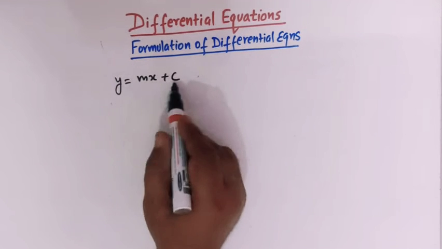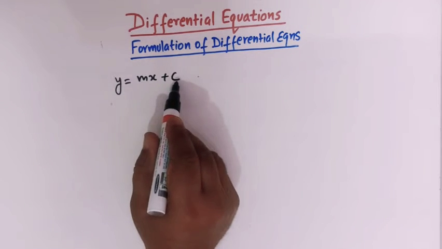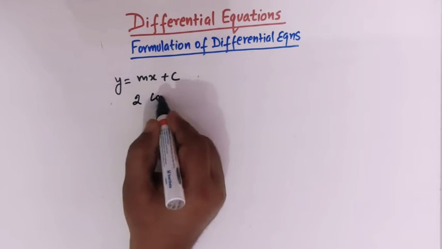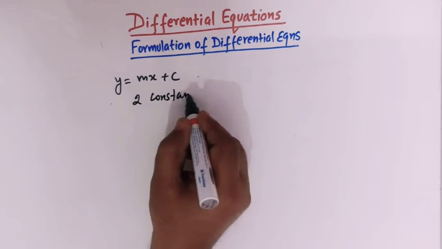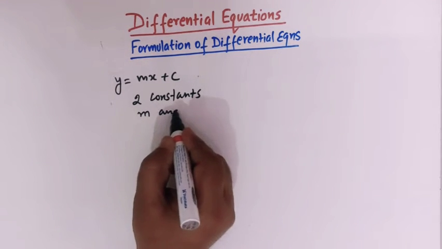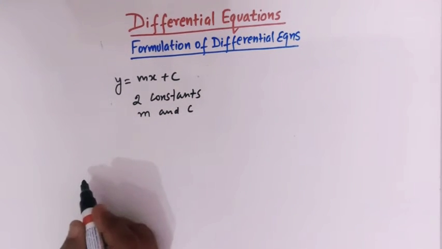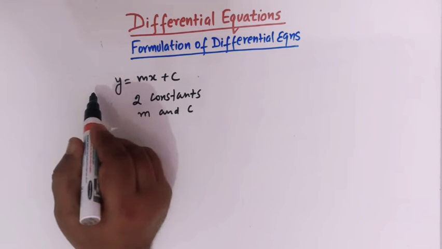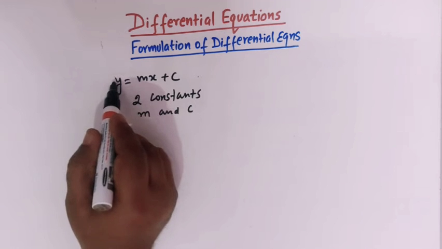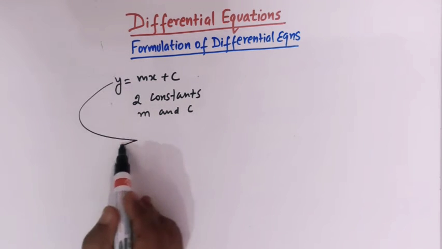Here we see that this Cartesian equation contains two constants, m and c. So now let us formulate the differential equation corresponding to this Cartesian equation.